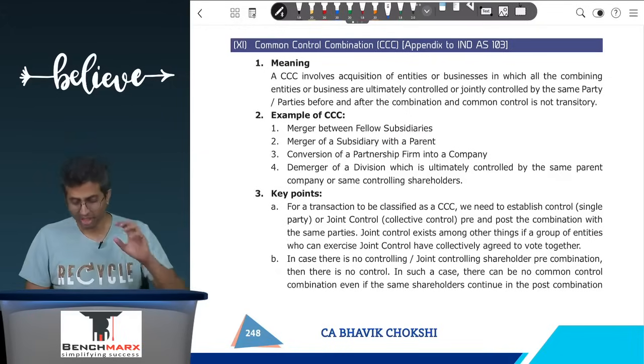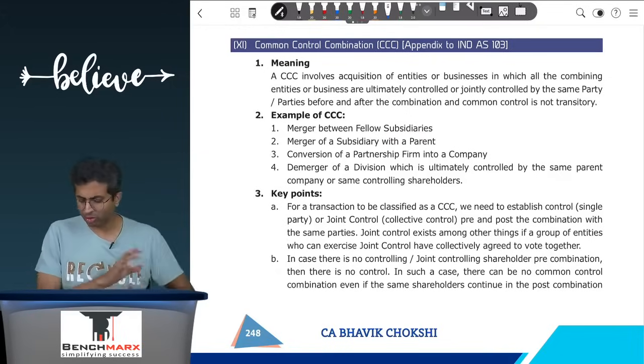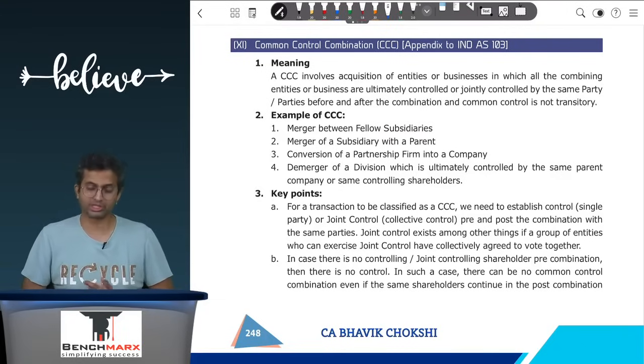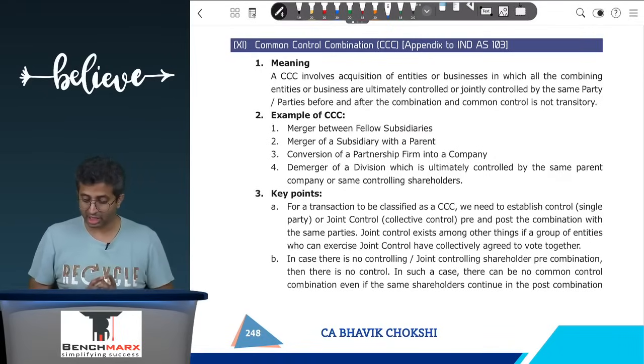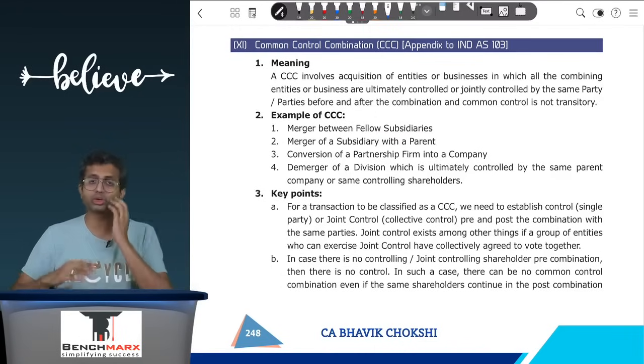This is what they say. A common control combination, also called a triple C, involves acquisition of entities or businesses in which all combining entities are ultimately controlled or jointly controlled by the same party or parties, both before and after the combination. And common control is not transitory.